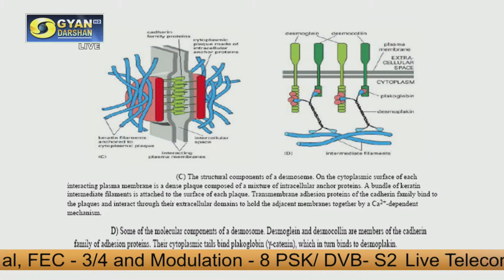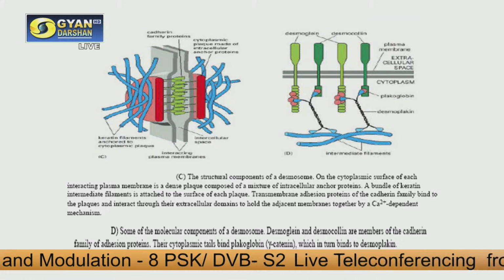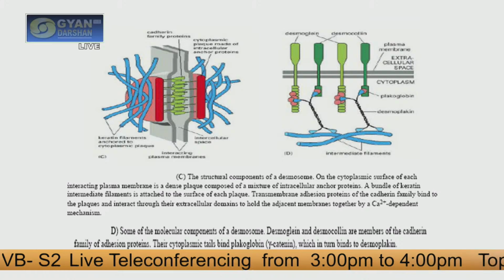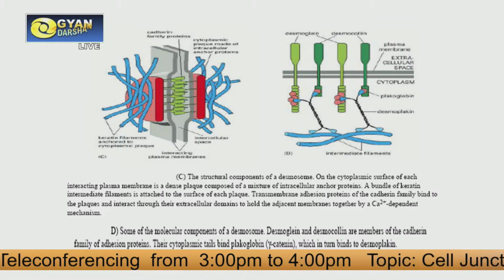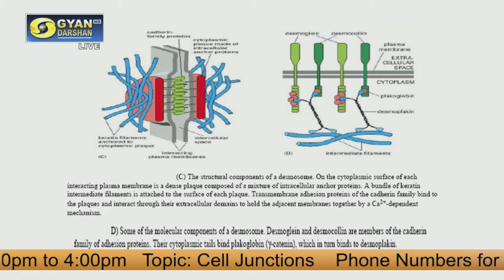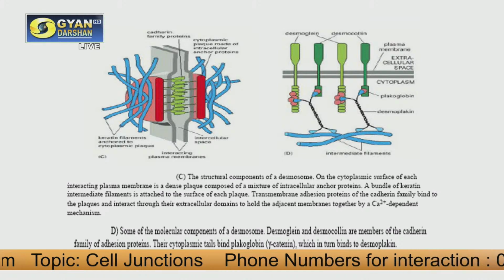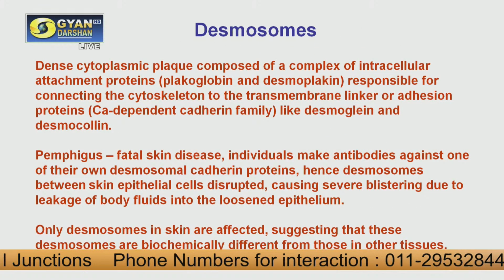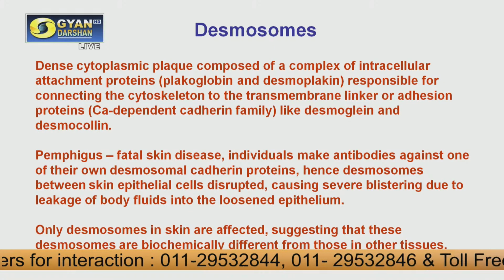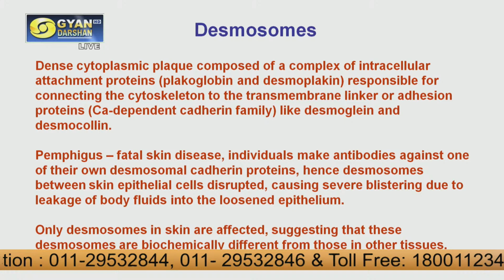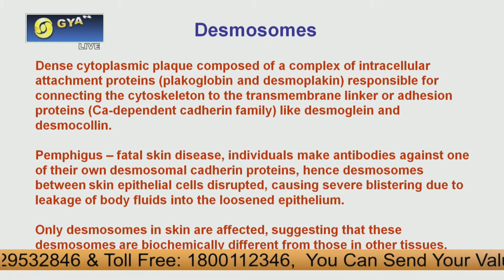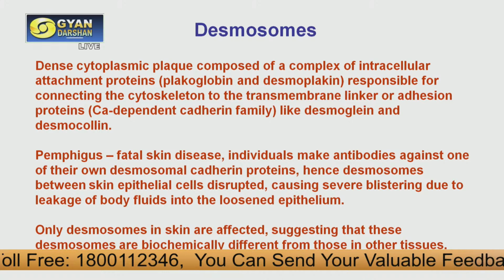The protein components are named differently, so you have to remember some of the names or examples of proteins which are helping in this binding or anchorage. There is a dense cytoplasmic plaque composed of a complex of intracellular attachment proteins, plakoglobin and desmoplakin, responsible for connecting the cytoskeleton to the transmembrane linker or adhesion proteins.